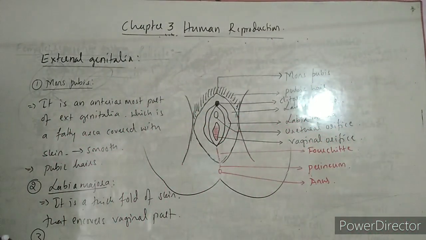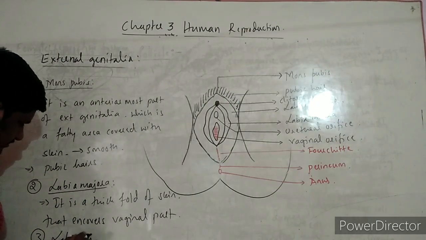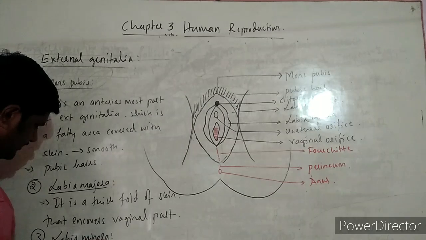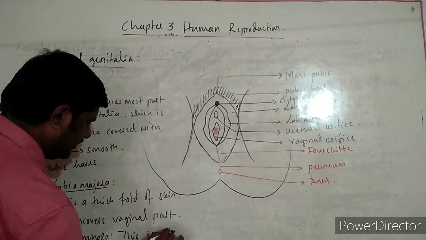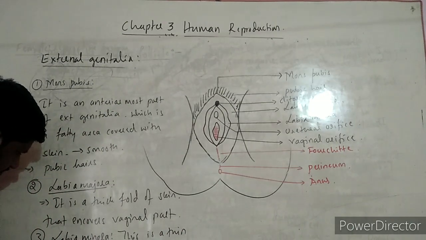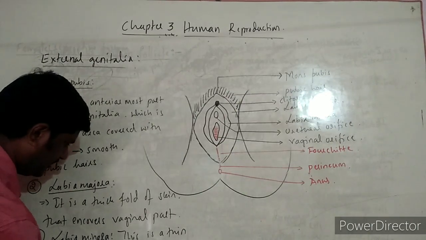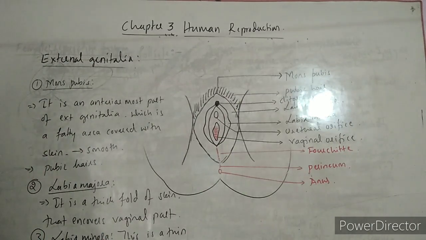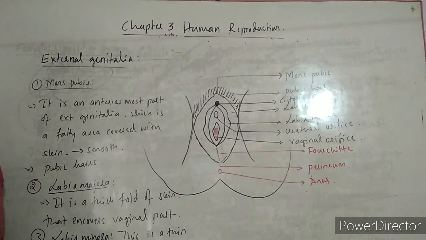Next, the third part is labia minora, right? So this is a thin fleshy fold of skin, right? So thick, this is a thin fleshy fold of the skin. This is also fleshy in nature, right?